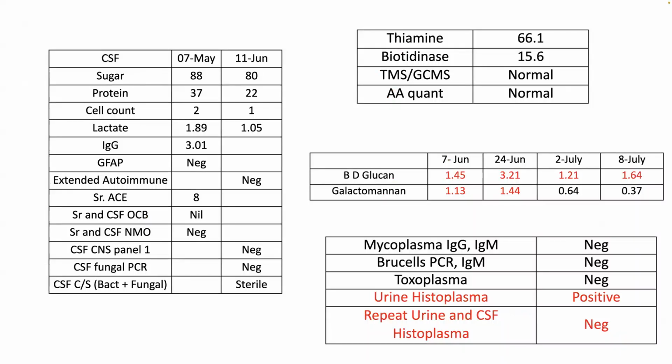These are the two CSF studies that we did during the course of admission, and both were normal. Metabolic workup was negative, and her beta-D-glucan showed a decreasing trend, but in between it came down and again increased. Her chronic infective workup was also negative.